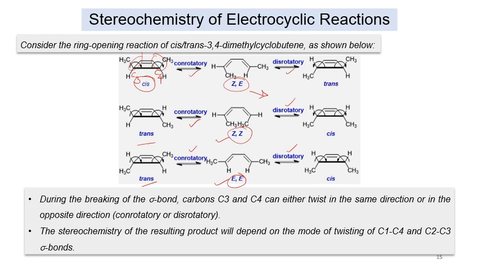Similarly, the ZE on disrotatory ring closure will give us the trans product, whereas the EE and the ZZ will give us cis products on disrotatory ring closures.